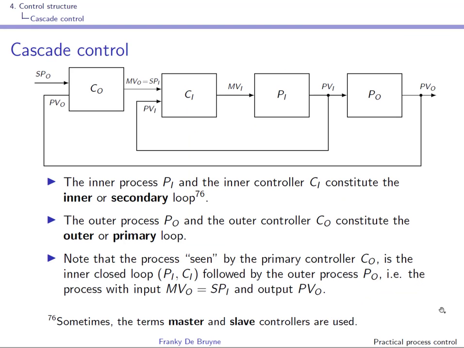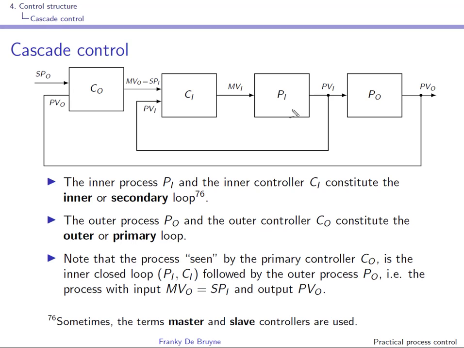We have already seen one example in the preheating furnace. It was a cascade temperature control, fuel flow control. So in this case, the outer controller was a temperature controller, the inner controller was a fuel flow controller.